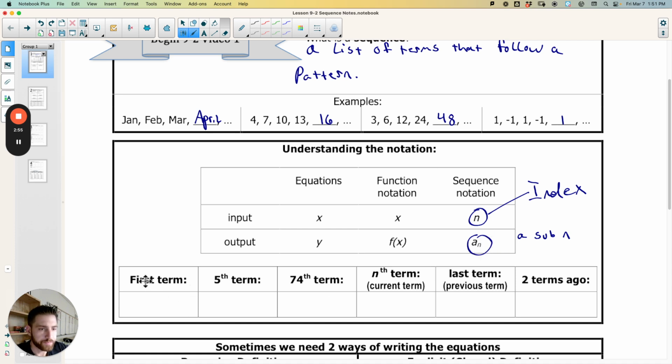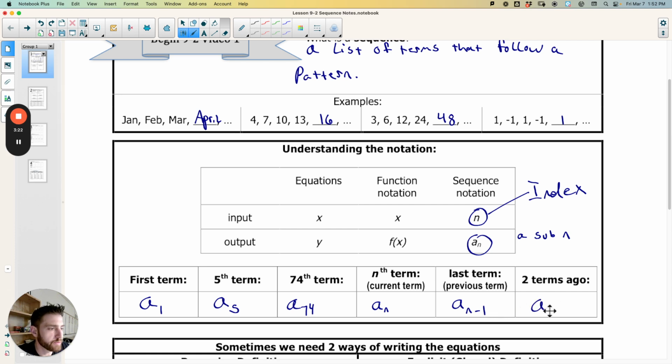Alright, so the first term we would call a sub 1. The fifth term we would call a sub 5. The 74th term we would call a sub 74. The nth term, or the current term, would be a sub n, and the previous term would be a sub n minus 1. And that's what this means here. A sub n minus 1 means look at the previous term.